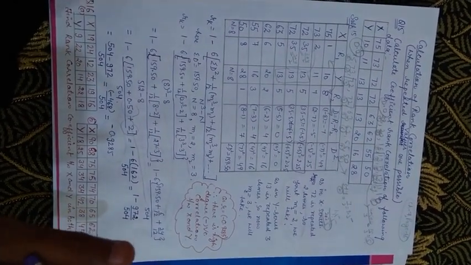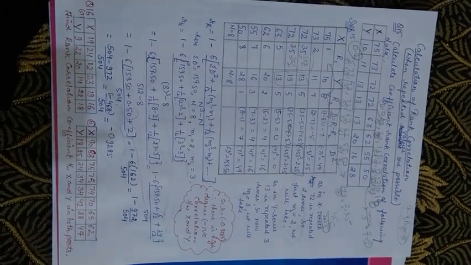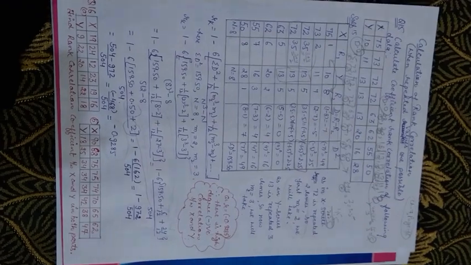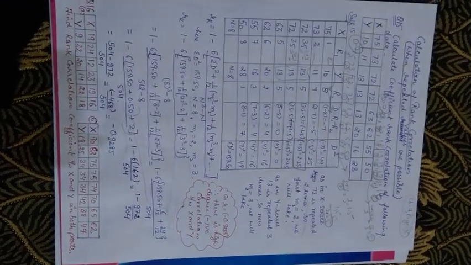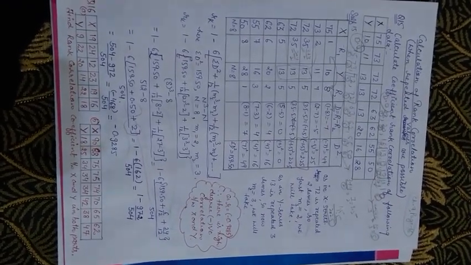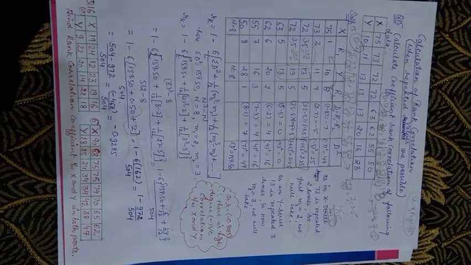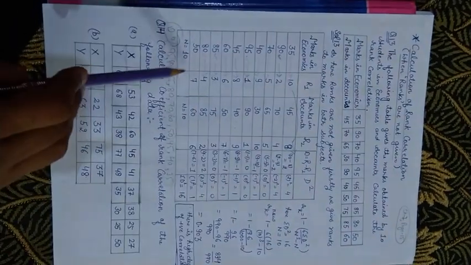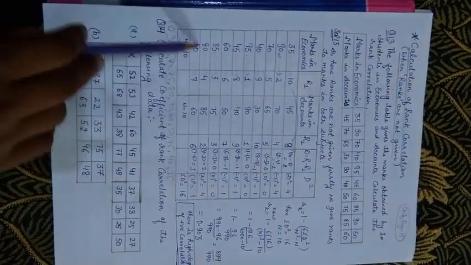You have done 3 methods of rank correlation. Case 1 was when ranks are already given in the question. Second was when ranks are not given, you have to give the ranks, and no value is repeated.